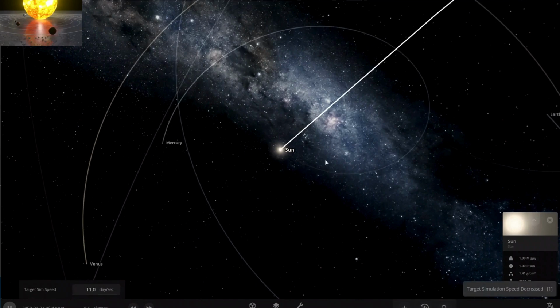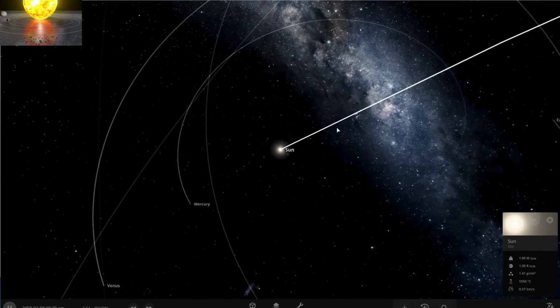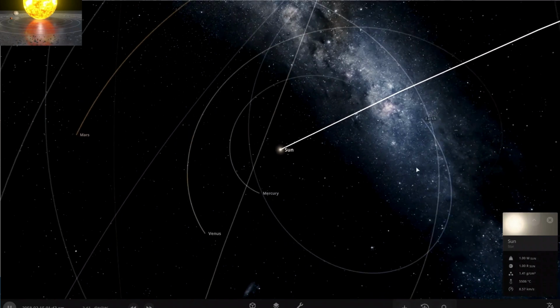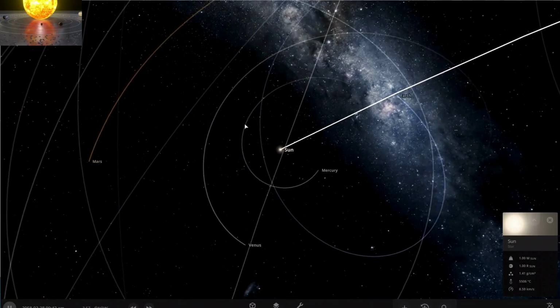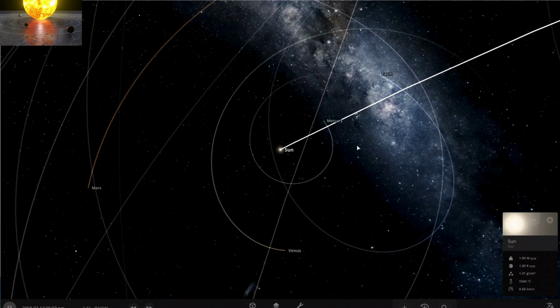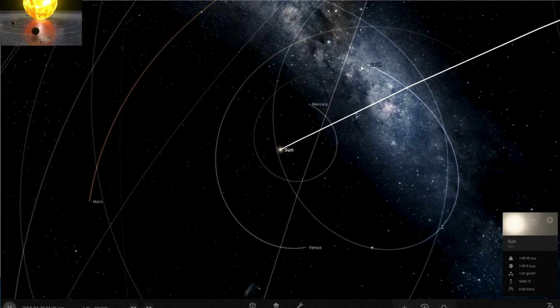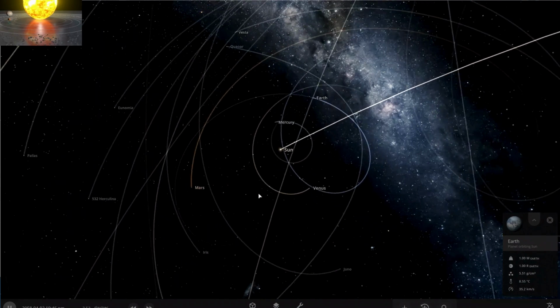What about these planets? Okay, you can see all the orbits are not just circles anymore, and the orbits have been changed during this time since we did the replacement.